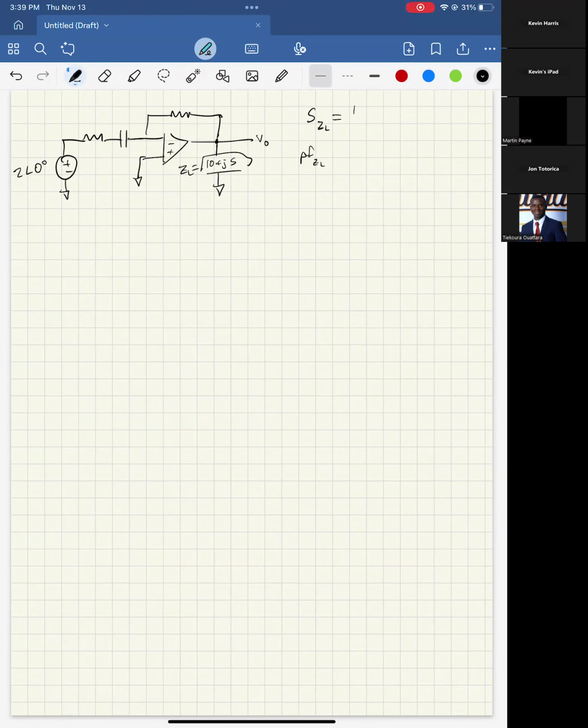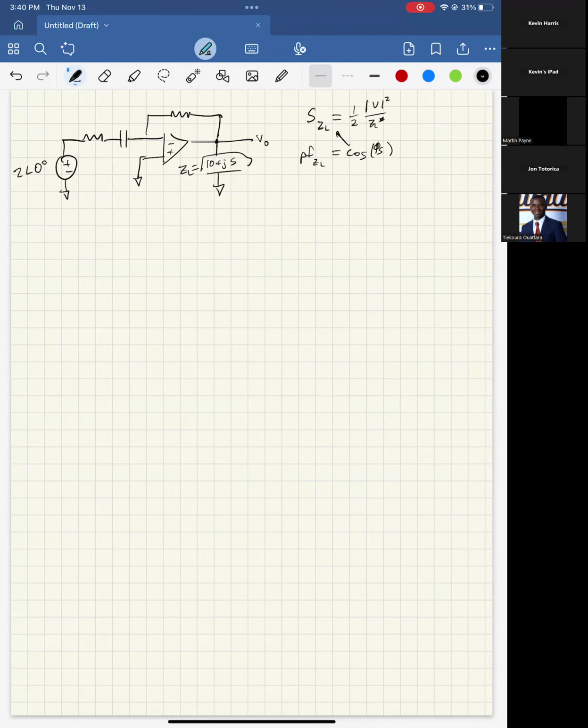If we remember, this is 1/2, and if we use that equation that we found earlier, it's V squared over ZL conjugate, and this is going to be the cosine of phi S, I think.